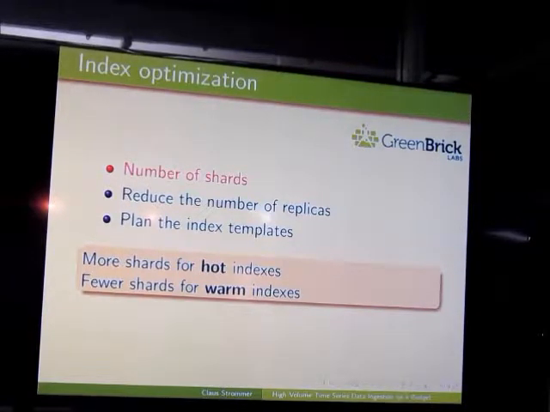But for your warm indexes, so if it's time series data, yesterday's log is not going to get written to again. So you want fewer shards for that, because the more shards you have, the more threads you have. The more threads you have, the more I/O you have, the more memory overhead you have. So that leaves less room for the important stuff.